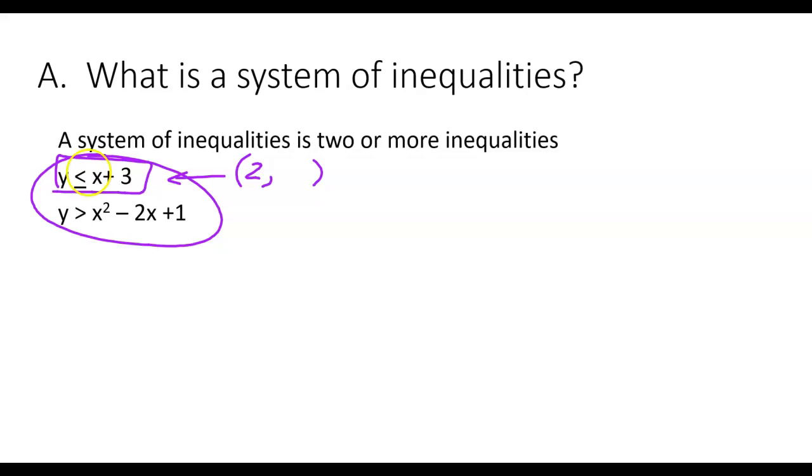Here's why. Because if I plug in 2, I get 5 there. If I put a 1 there, 1 is not greater than or equal to 5. But 5 would work in this case because there's an equal sign. So if I put a 5 here and a 2 here, you get 5 is less than or equal to 5. What else could work, guys?